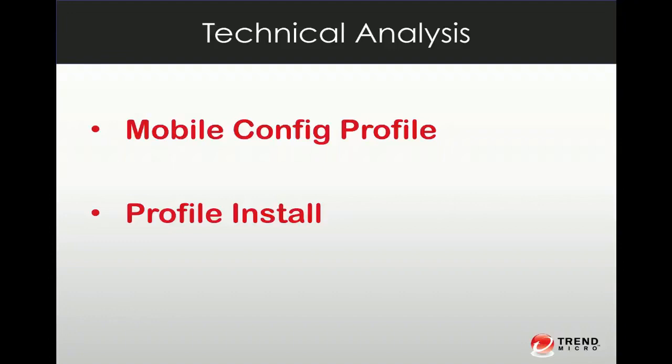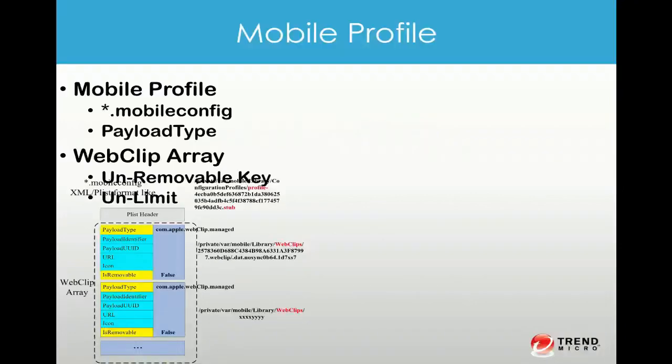A configuration profile contains a number of settings that you can specify, including restrictions on device features, Wi-Fi settings, VPN settings, email server settings, Exchange settings, web clips, and so on.